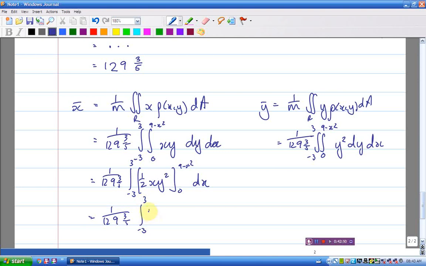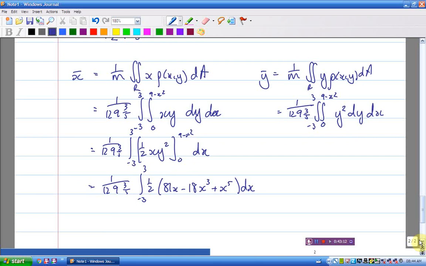So we're going to get a half, whatever it was, 81x minus 18x cubed, and it was x to the 4, so now it's x to the 5.